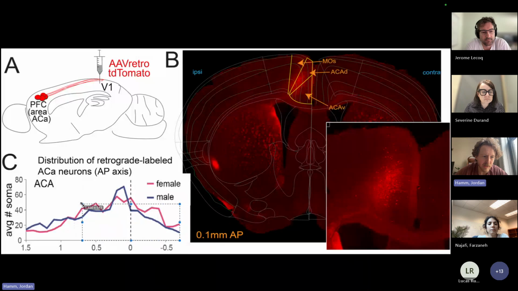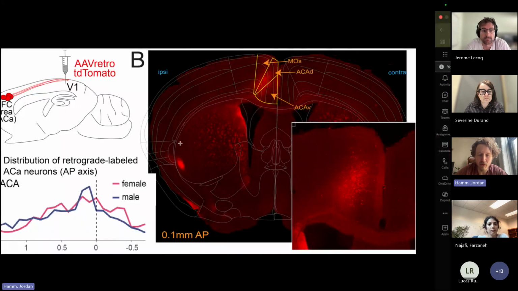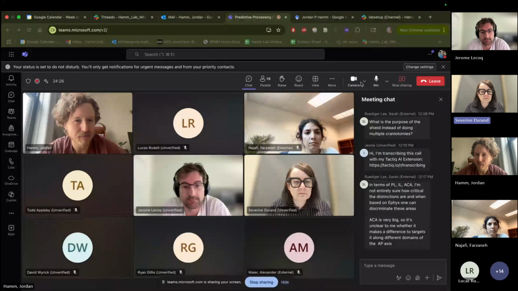But there are still ACA neurons all the way up at 1.5 and all the way back that are still projecting. So I think what you have is going to be nice, as long as you have both of those projections.